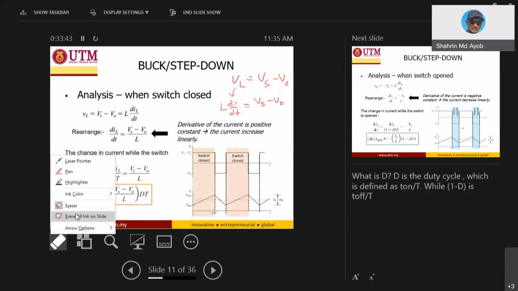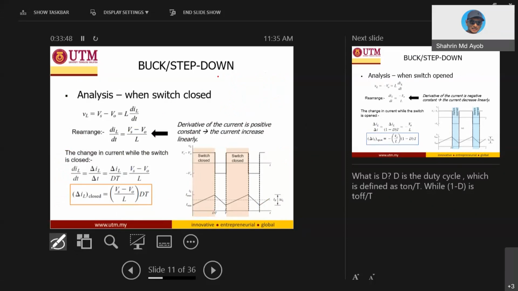So, I'm going to erase this one. So, just now we got L di/dt is equal to VS minus Vout. Then di over dt is equal to VS minus Vout over the inductor, right? We just replace L here. So di over dt is actually the change of current referring to the time, right?